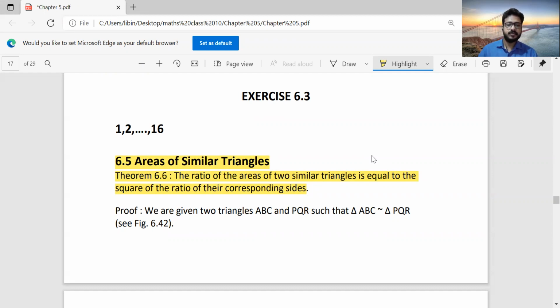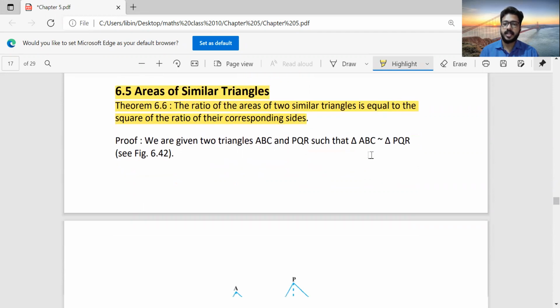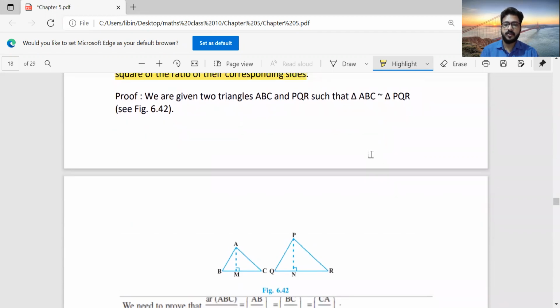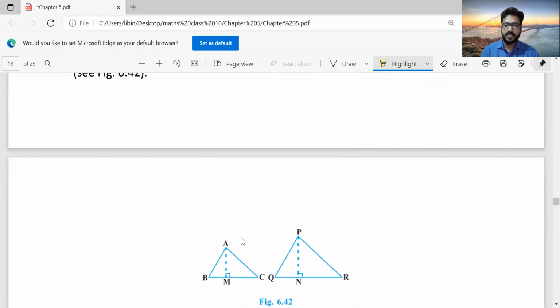We are given two triangles ABC and PQR such that triangle ABC is similar to triangle PQR. Look here, ABC is here, triangle PQR is here, and you are given directly that these two triangles are similar. Now let us see what we want to prove.